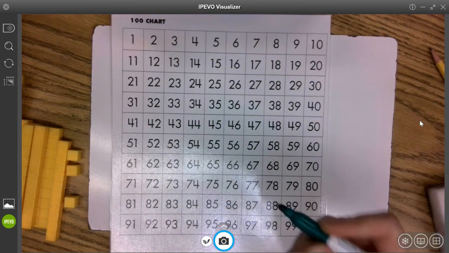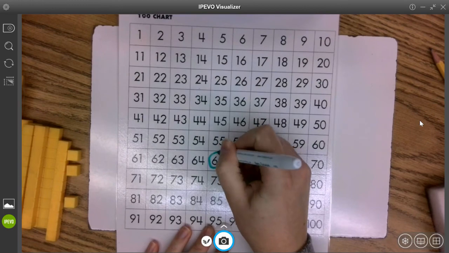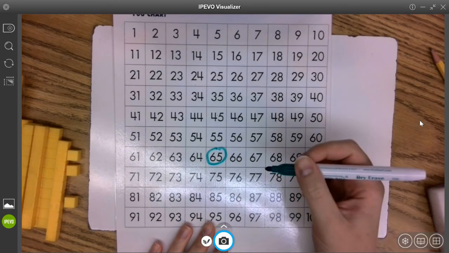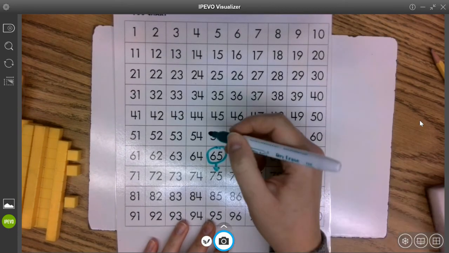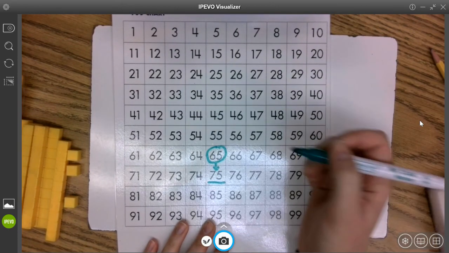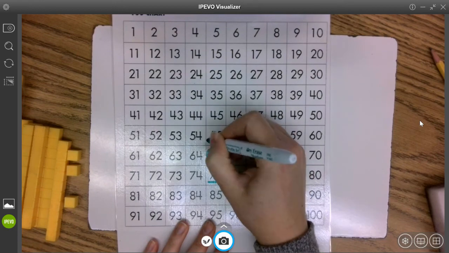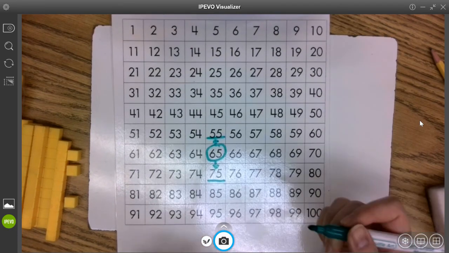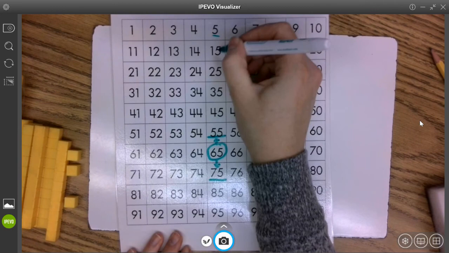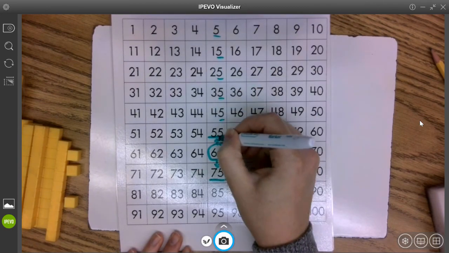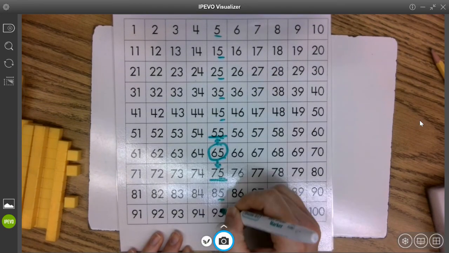So looking at the one we just did, 65, 10 more is going to be right below it, 75, and 10 less is going to go right above it, 55. Tens are when we go up and down. And notice as we go up and down on the hundreds chart, the ones will always stay the same.